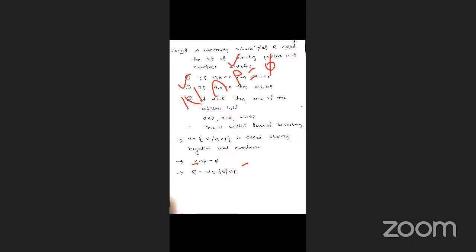Therefore, the intersection is the empty set. Here the positive numbers are 1, 2, 3, and so on, and the negative numbers are -1, -2, -3, and so on. There is no common element, so the intersection is empty. This is the definition.